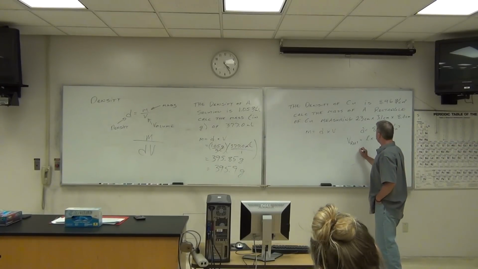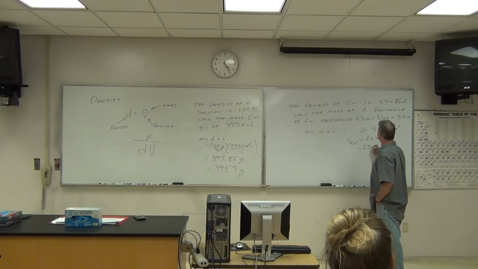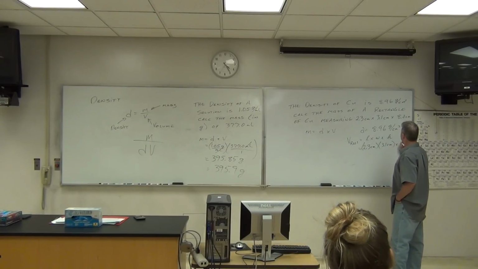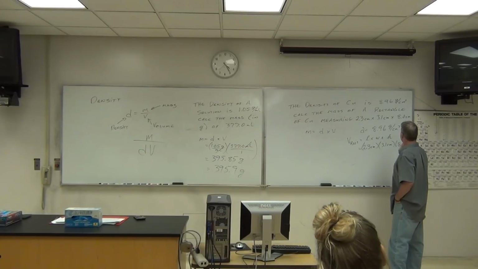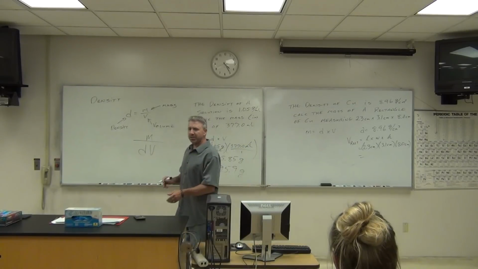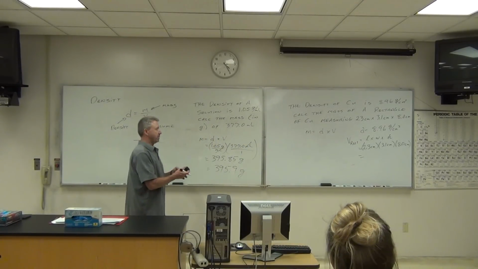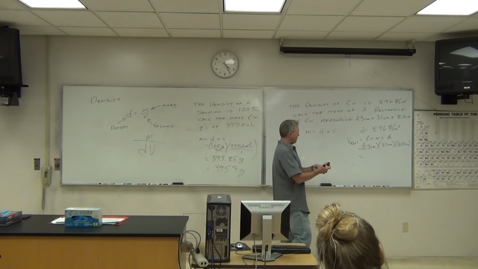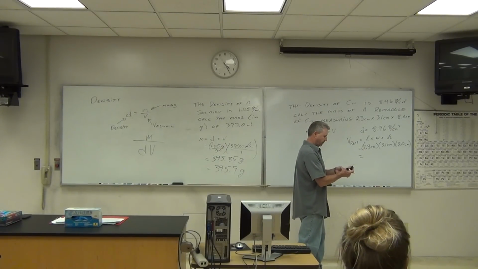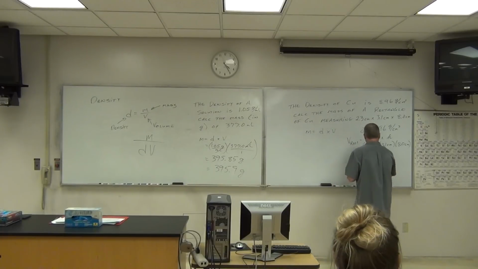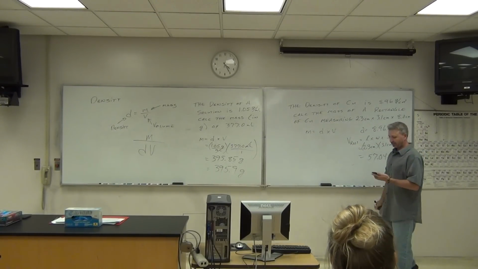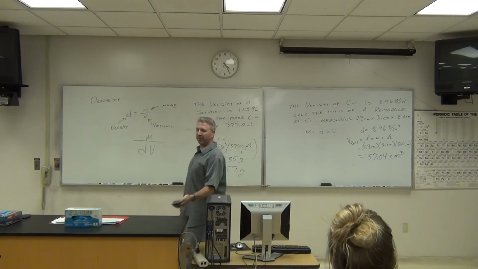So I'm going to put these numbers in. Notice that in addition to multiplying the numbers, I have to multiply the centimeter times the centimeter times the centimeter. 57.04 cubic centimeters, round number.